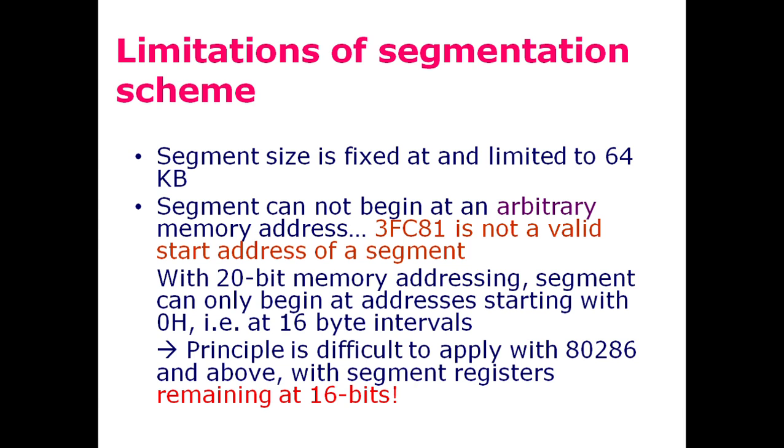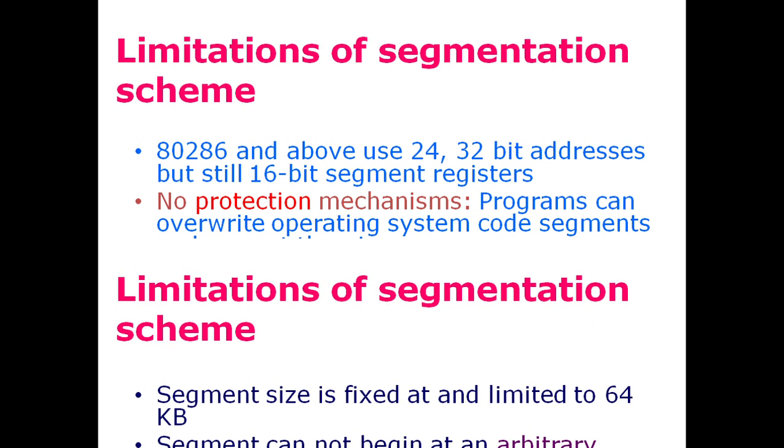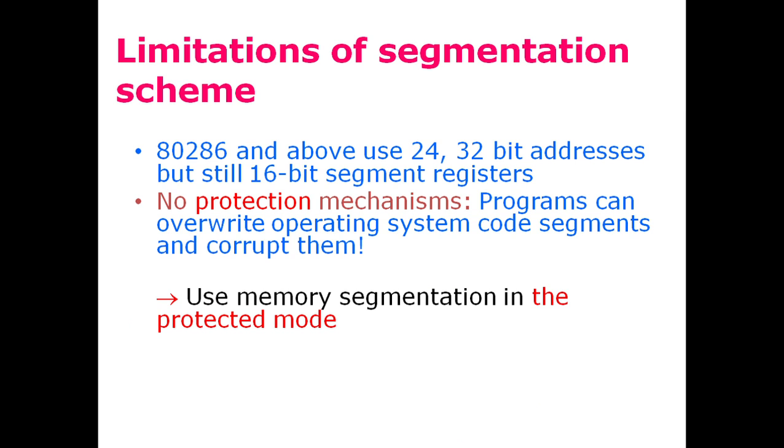So the segment registers are still 16 bits, while the memory that they can support increases beyond 1 megabyte. So the later microprocessors can support more memory, while the segment registers are still 16 bits. 80286 and above use 24 and 32-bit addresses, but still the segment registers are 16 bits wide.